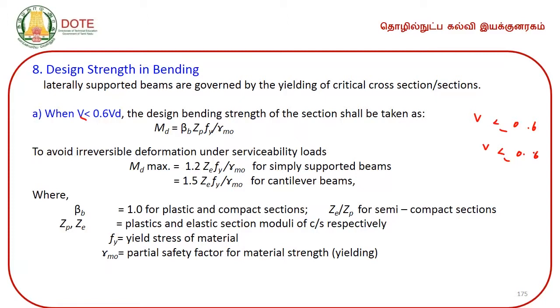Then the bending strength of the section is given by the expression Md = βb Zp fy / γm0.